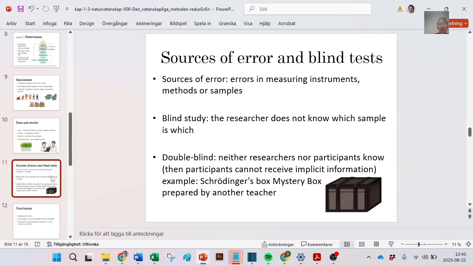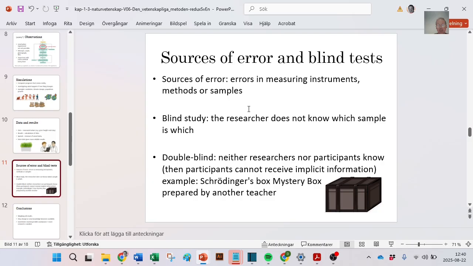To make sure that the researcher gets the best results, you should, if you can, apply a blind study where the researcher doesn't know which sample is which.